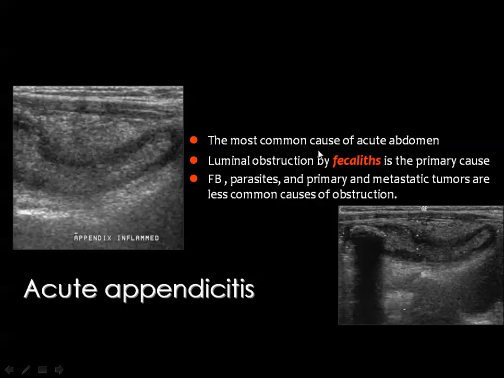This is considered the main cause for obstruction of the appendix, resulting in acute appendicitis, and frequently it shows this characteristic posterior acoustic shadowing. As I have mentioned, there are other causes of obstruction of the appendix, like parasites, primary and metastatic tumors.